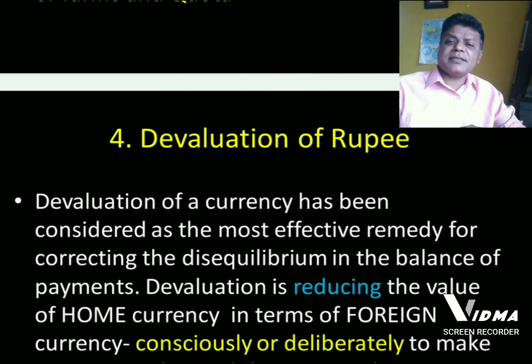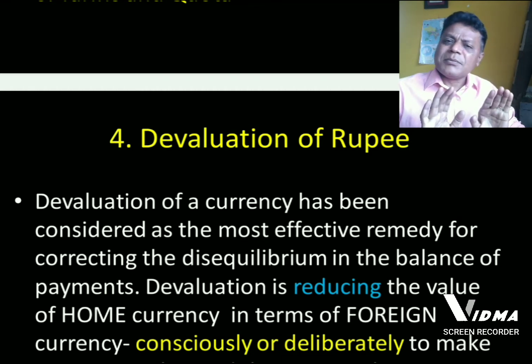The only difference is exchange depreciation is an automatic process which happens through market forces, that is demand for and supply of currency, whereas devaluation is the deliberate or conscious act of the government.